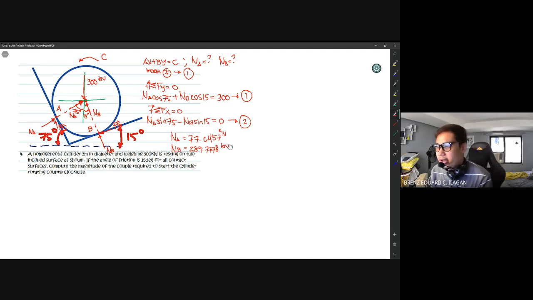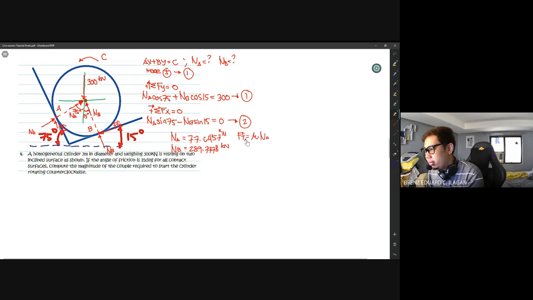So guys, since we have now the value of our NA and NB, we can now compute for the value of our frictional force. You just need to multiply it by the coefficient of friction.